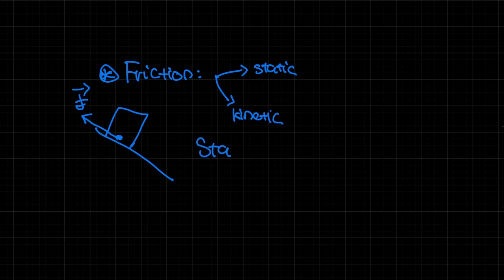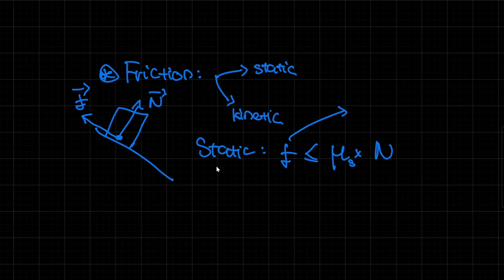So for static, the friction force is always smaller than or equal to the static coefficient times the normal force. So here's the normal force, and μ_s here. And to find f in these problems, you have to find all the forces that are directed opposite to f, and again you just use Newton's first law to do that.